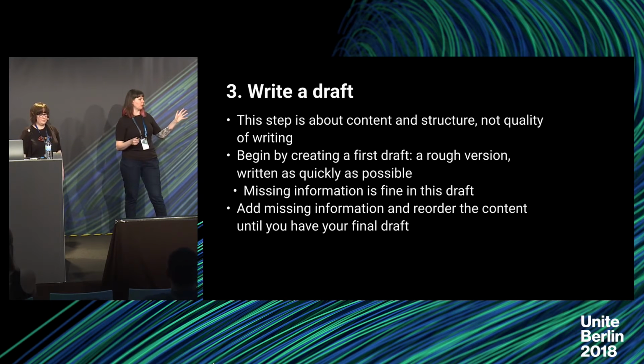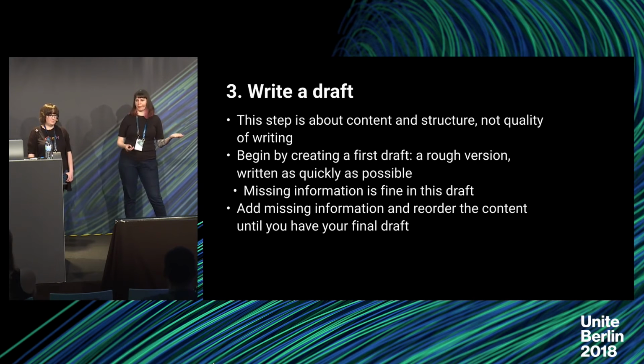So if you're writing a blog post and it starts on topic A, then goes to topic B, then back to topic A again, that will need reordering. You want a smooth, logical flow throughout. When you have all of the information in there with no to-dos left, and it's in a smooth, logical order, that's great. That's when you have your final draft.